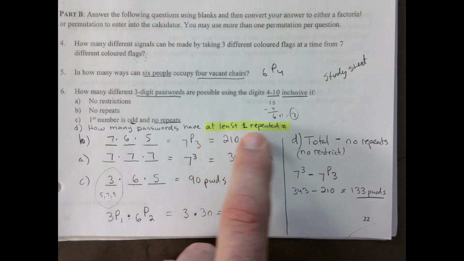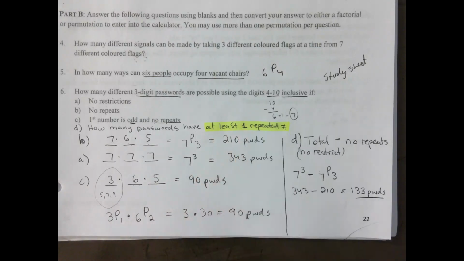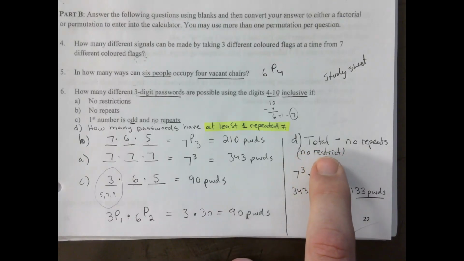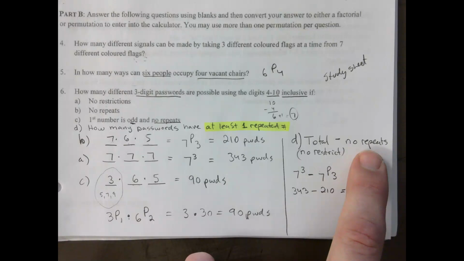At least one is the key word. If I ever ask you that, do this: take the total where there are no restrictions whatsoever, and then subtract, in this case, the repeats.